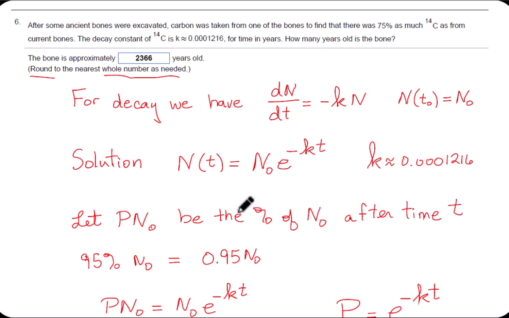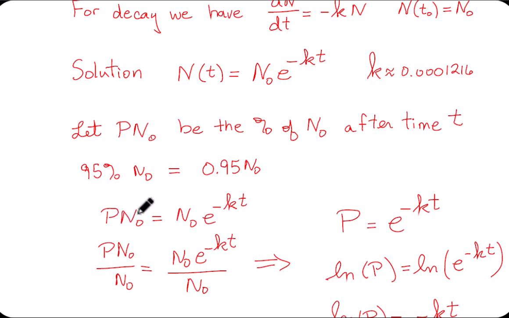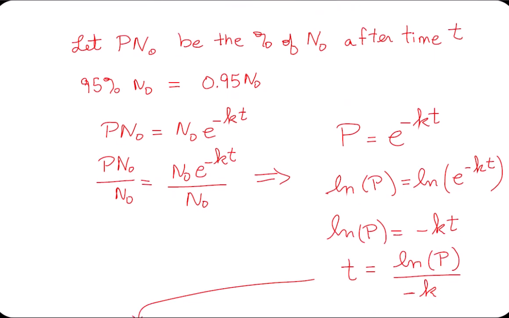So what I do is I set this equal. The percentage left is going to be given by this formula. I can divide both sides by N0, and so I find that the percentage is given by this. If I take the natural log of both sides, I have the ln of e to something, but because they are inverse functions, I get a minus kt.